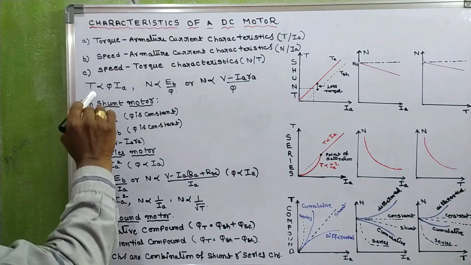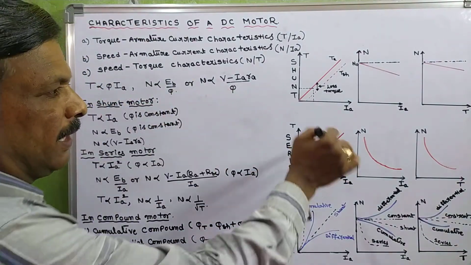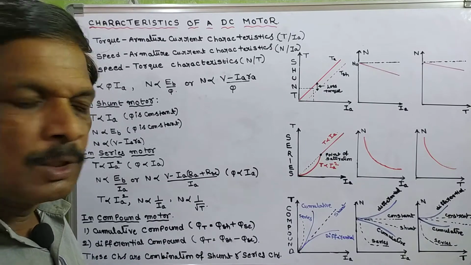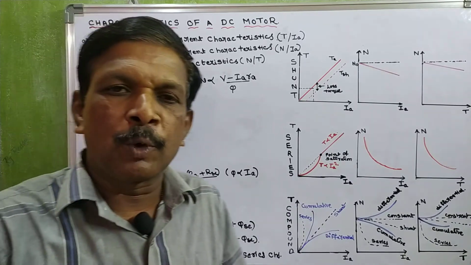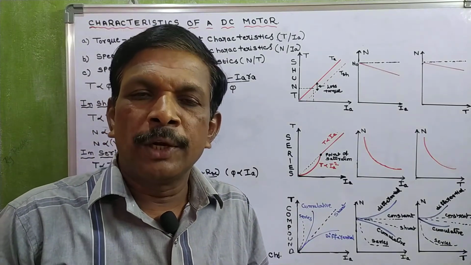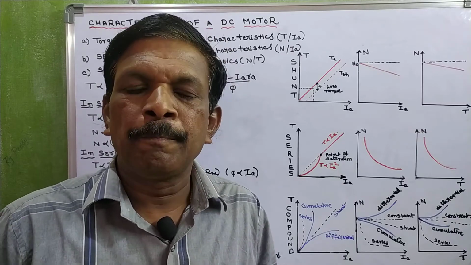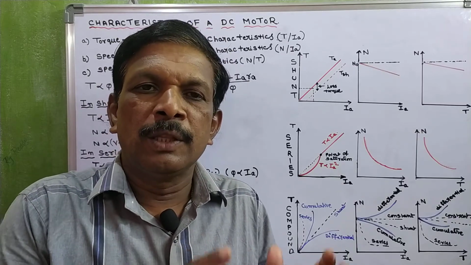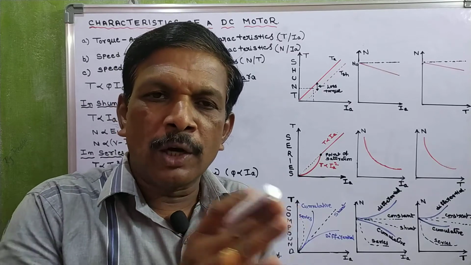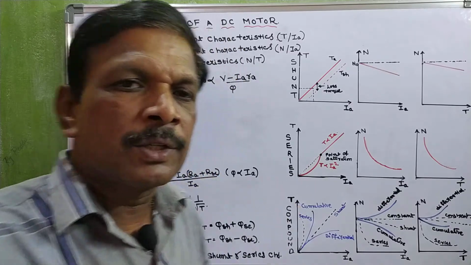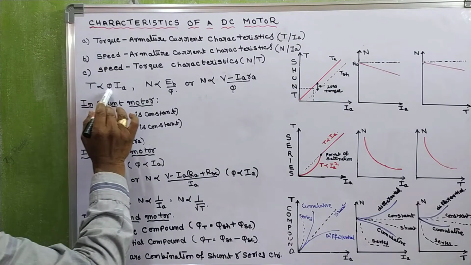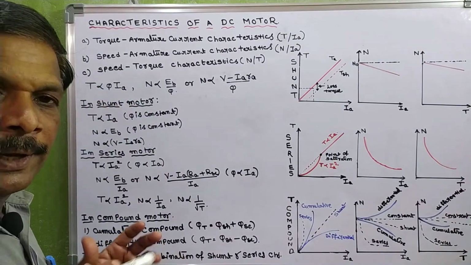Okay, and coming to formulas related to characteristics. Already you know torque is proportional to phi Z Ia into P by A. In this formula, when constants are neglected, we get the torque equation: torque is proportional to phi Ia.